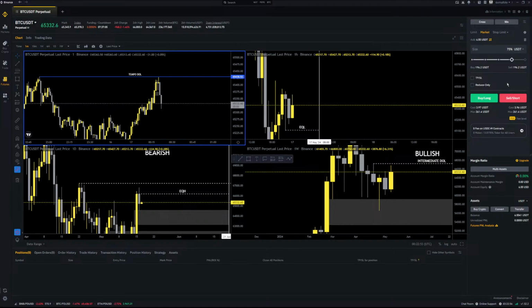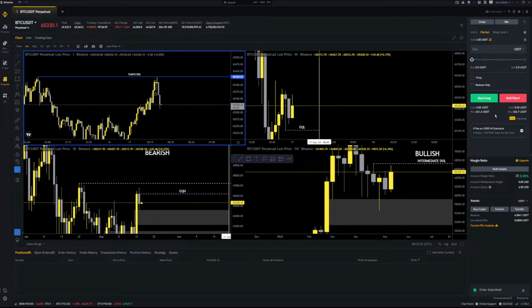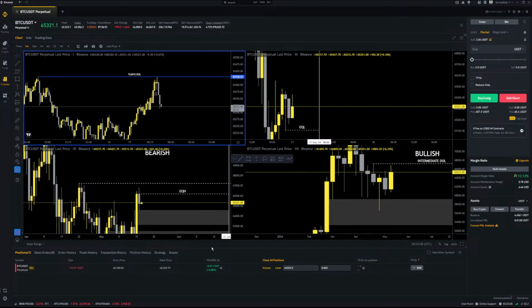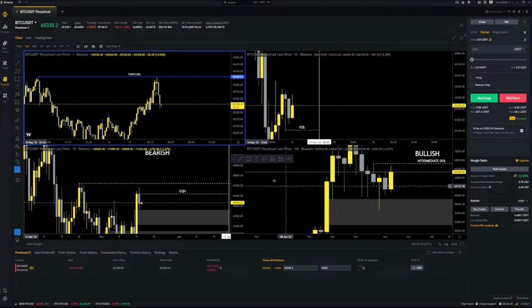I'm taking an entry because it's a breakaway gap. Bam. As you can see here, right here.